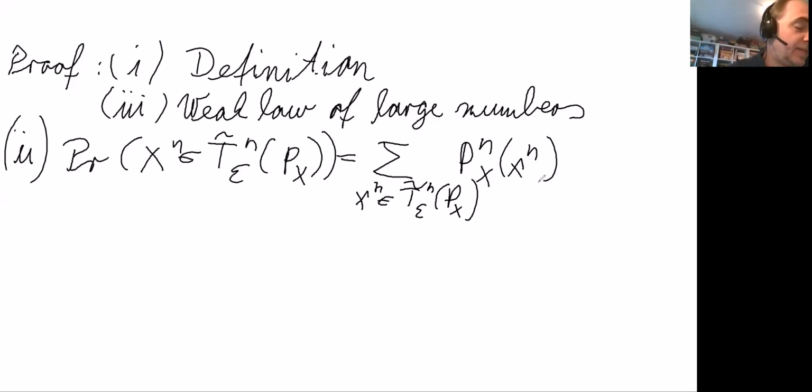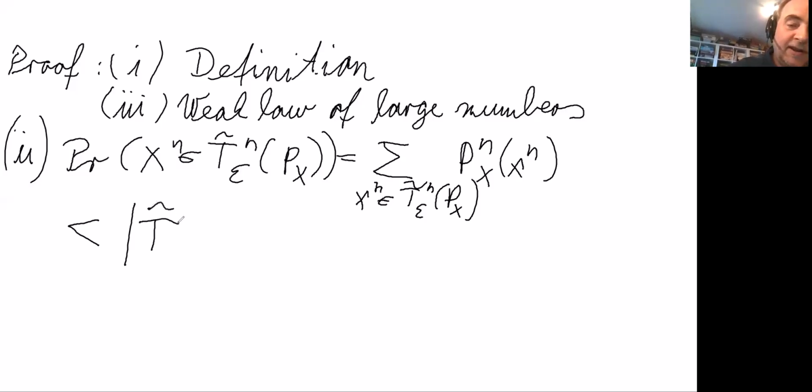We can approximate it by 2 to the minus n h of x. And so we can estimate it by 1, so it's smaller than the cardinality because we take for each one the same.